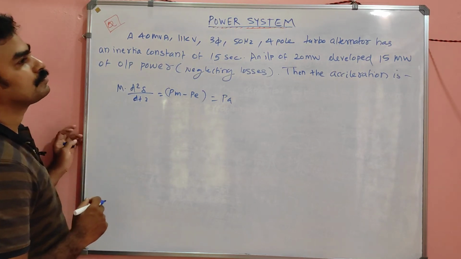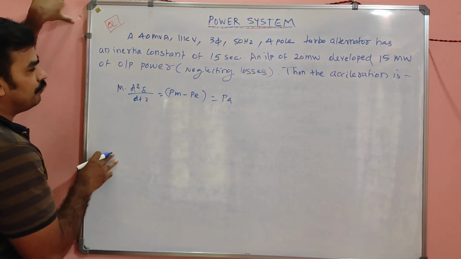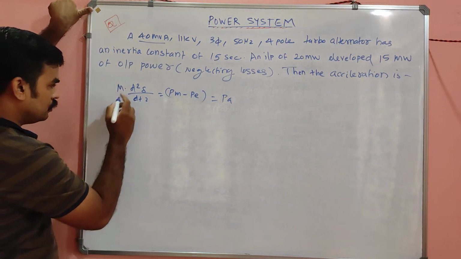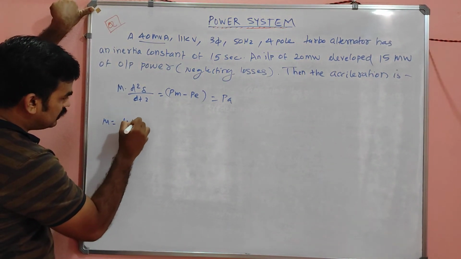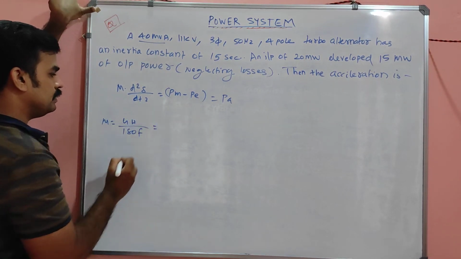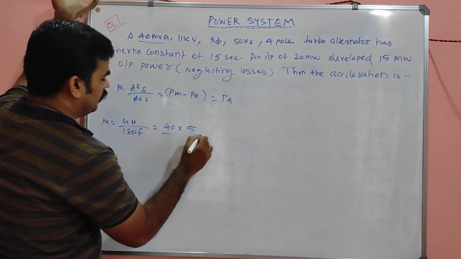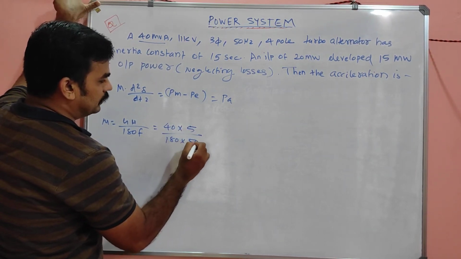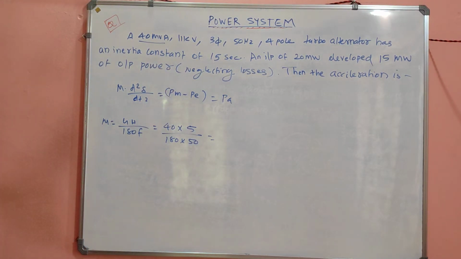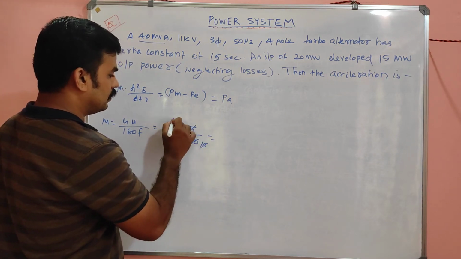Is it clear? So you have to find M. This 40 MVA is nothing but the rating of the machine, my dear. So M is equal to GH divided by 180 into F in electrical degree. So G is 40, H is 5, divided by 180 into 50. A 50 hertz transmission line is given, right? So what will be the answer?